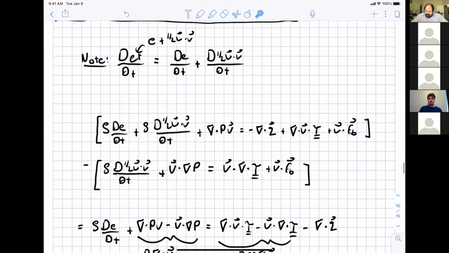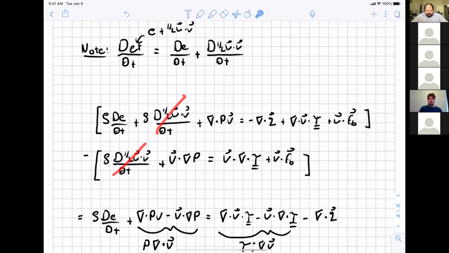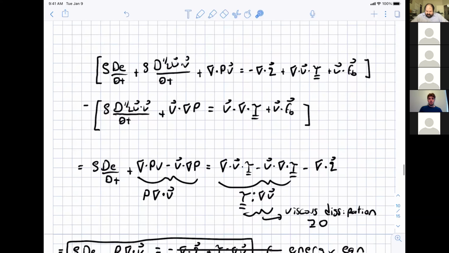I'm just going to subtract them, and you can see these two terms cancel out. Then I have a bunch of leftover terms: the divergence of P times V minus V dot grad P. Looking at the identities that I showed at the very top of this document, this just turns out to be P times the divergence of the velocity vector.